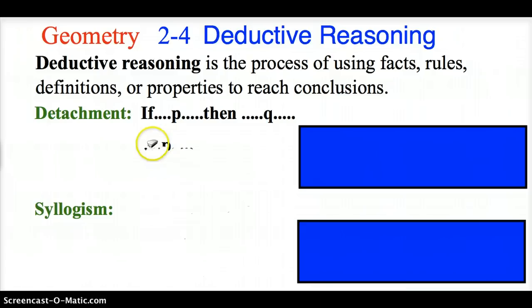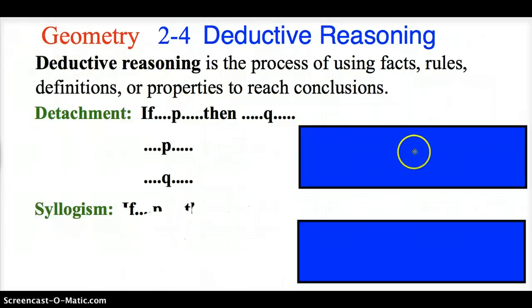So then you're going to take the first part, the hypothesis, and state it separately, and then you take the conclusion and state it separately. So it reads if P then Q, and then you state the if part by itself, and then you state the Q part by itself. And that's detachment. Detachment is to separate.